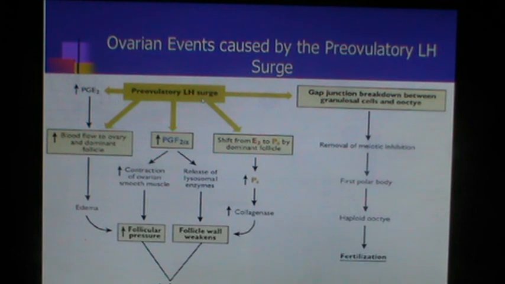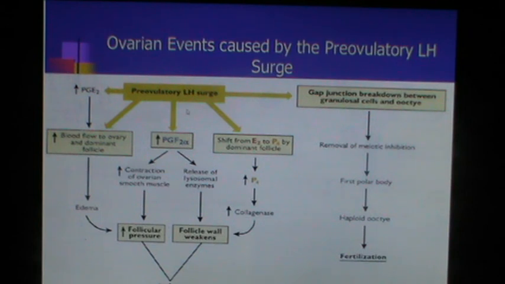Then the pre-ovulatory LH surge also causes the shift from estradiol to progesterone in the dominant follicle. So this results in increased progesterone, and increased progesterone thereby causes increased collagenase, which also weakens the follicle wall. Then the increased blood flow to the ovary and the dominant follicle causes edema, and this also increases the follicular fluid pressure.